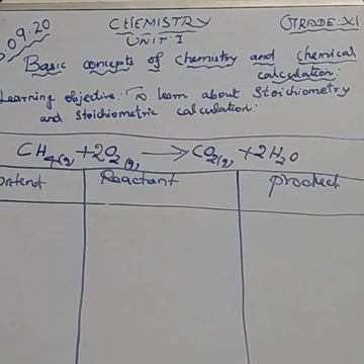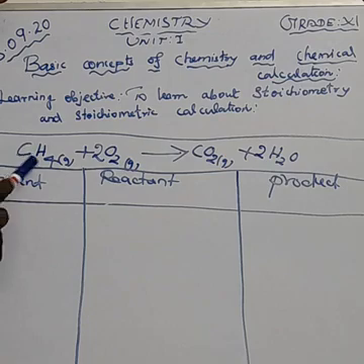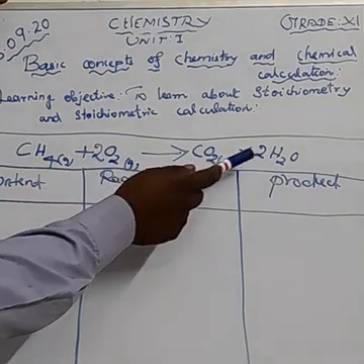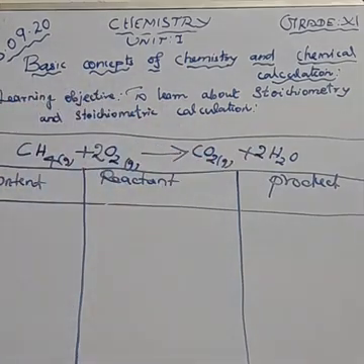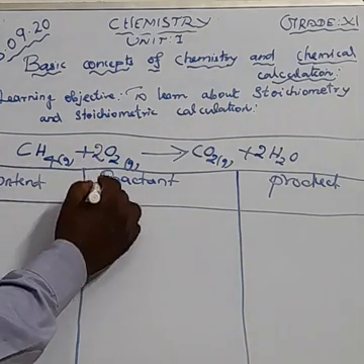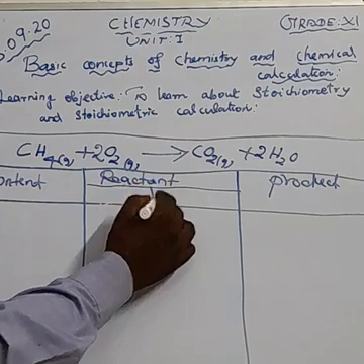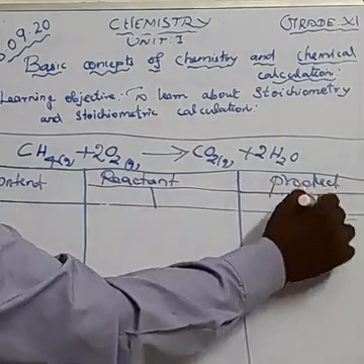First one, stoichiometric coefficient. Here, in this equation, which are the reactants and which are the products? Methane and oxygen are the reactants, and carbon dioxide and water are the products. Am I right? We are dividing the reactant side into 2 columns, and the product side also into 2.